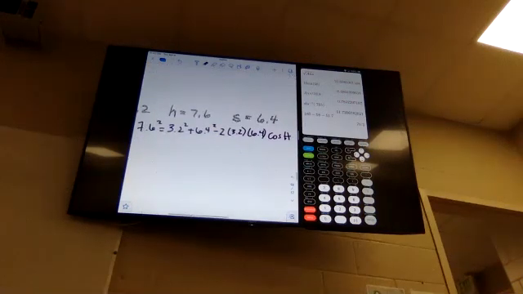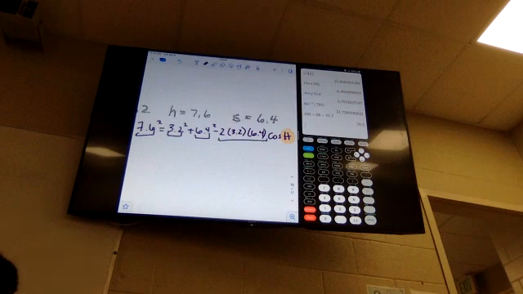Here's the equation I've written so far. Again, I'm finding h. Any questions yet? Okay, I'm going to start by doing my squares. I'm going to do my 7.6 squared, 3.2 squared, 6.4 squared, and then my 2 times 3.2 times 6.4. I'm not going to combine anything else.